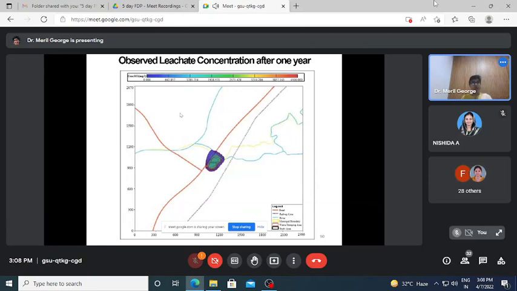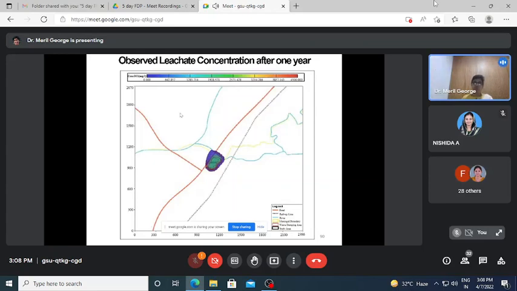Okay. So we can see a lateral spread of pollutant after 1 year. That means from the start of the dumping period; from the start of waste dumping, I have taken the first year analysis. Based on that, we can see that a spread to a distance of 150 to 200 meter is found.